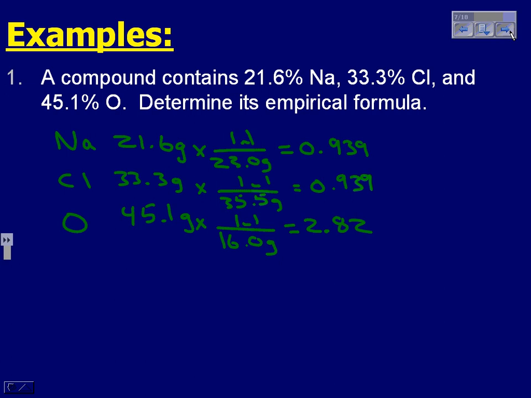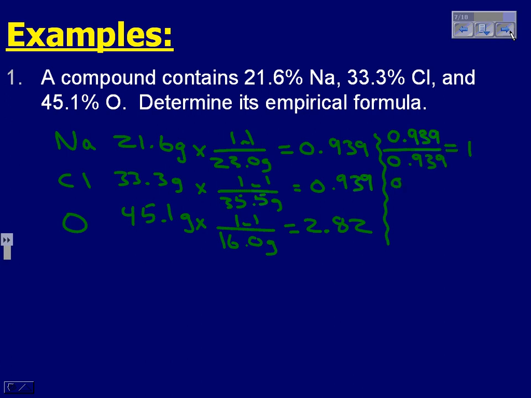But those are not whole numbers. I need to bring this ratio down to some whole numbers. So I am now going to divide off that smallest value. The smallest number is 0.939. So I'm going to take that smallest number and divide it off of all of the numbers. 0.939 divided by 0.939.